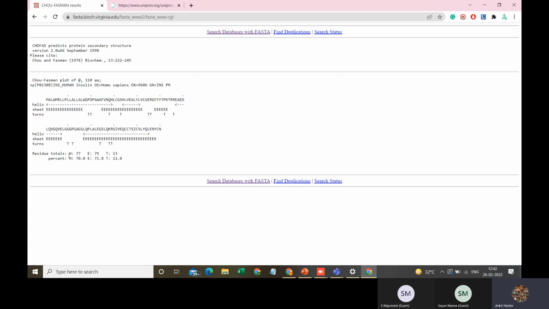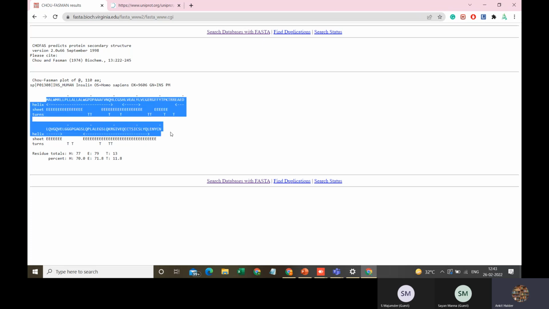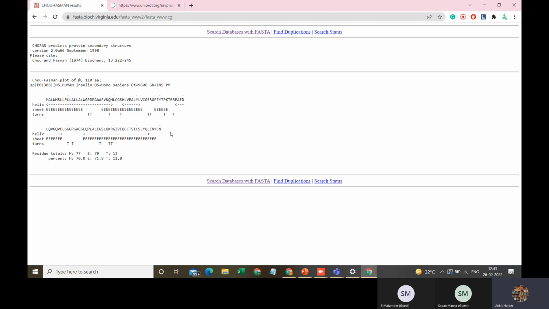Here we can see the residue totals, the turns, the helix, where the turns are, and what the prediction is, with a single amino acid sequence. We can find this out based on the propensity values it has calculated.